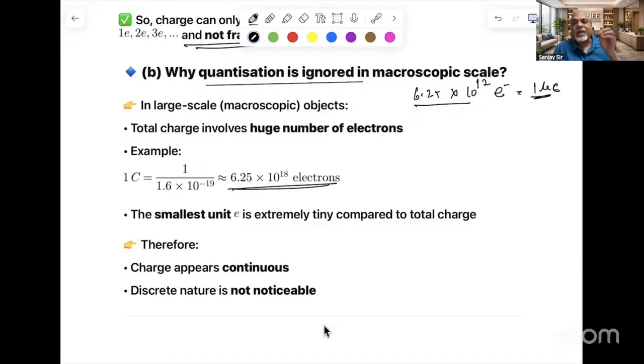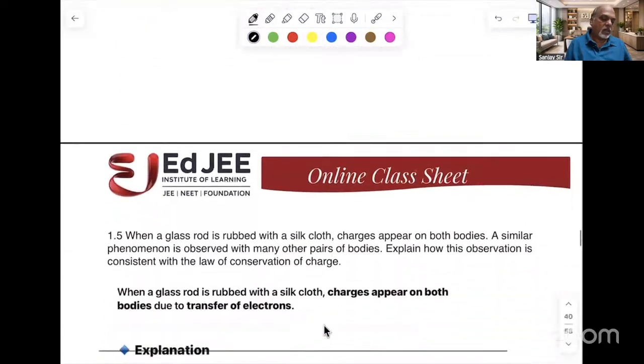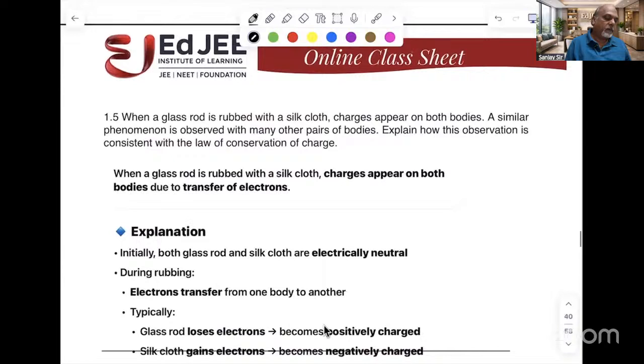If with this quantity the charge moves, then you cannot see the graininess of the charge. It will look like a continuous flow. Correct? So this is the meaning of this. Let us go to the next question.